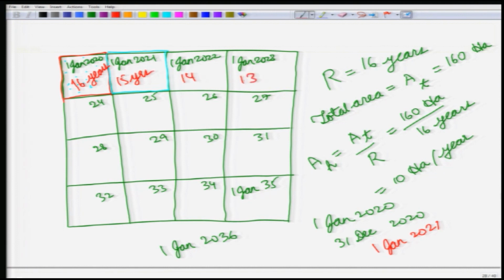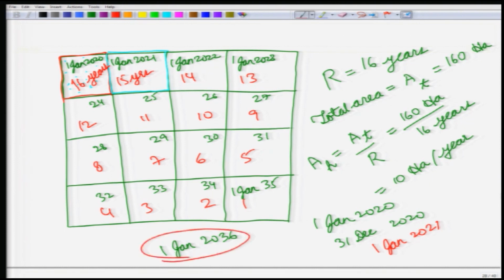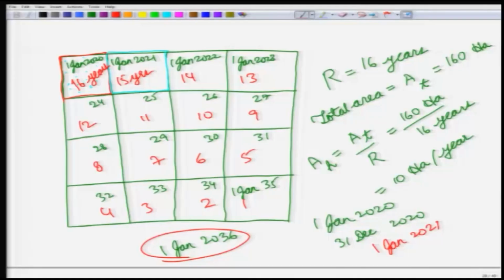This is 14, 13, 12, 11, 10, 9, 8, 7, 6, 5, 4, 3, 2 and 1. Now, this is the situation on 1st of January 2036. So, what do you do on 1st of January 2036? You again clear fell this section. So, this date now changes to 1 Jan 2036.